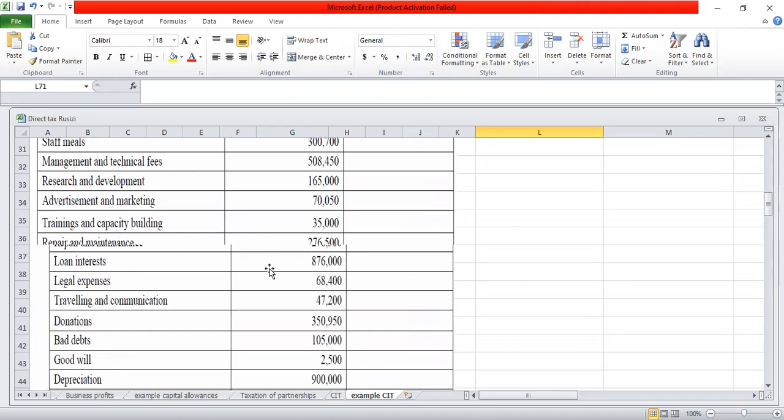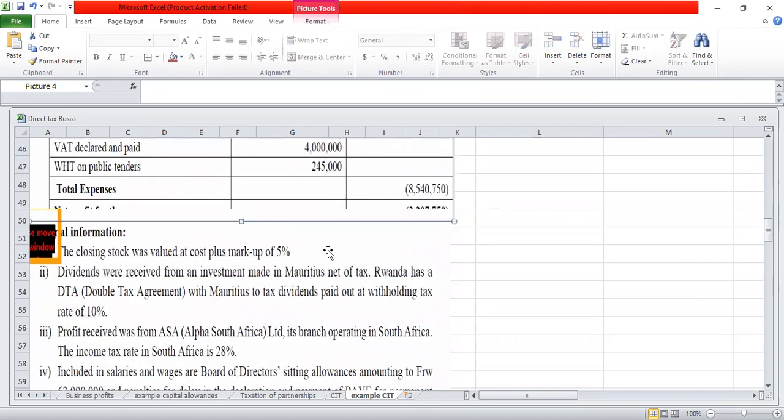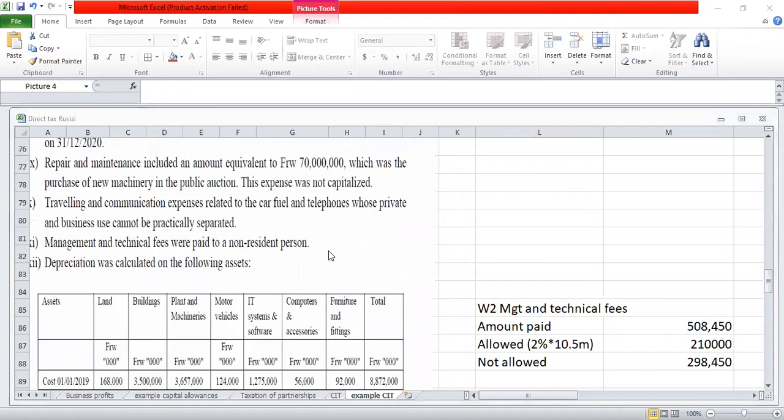Repair and maintenance, they said 70 million is capital. Sitting allowance, they are allowed these days because they are taxed.